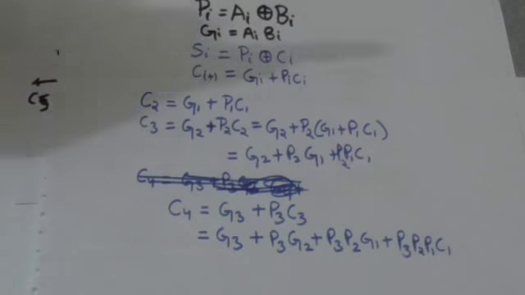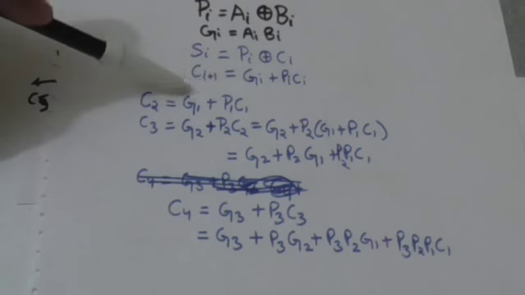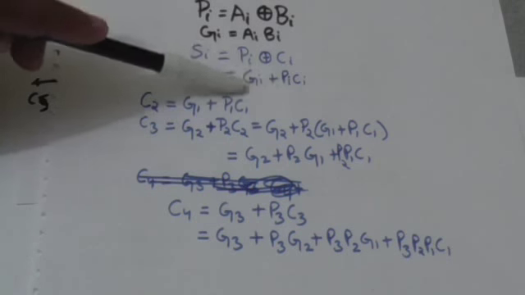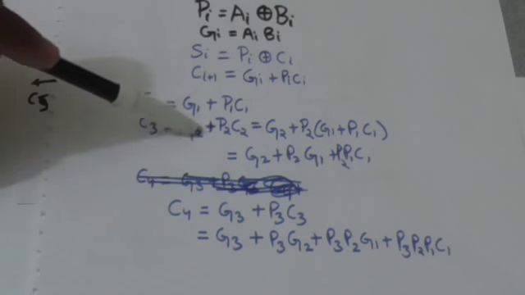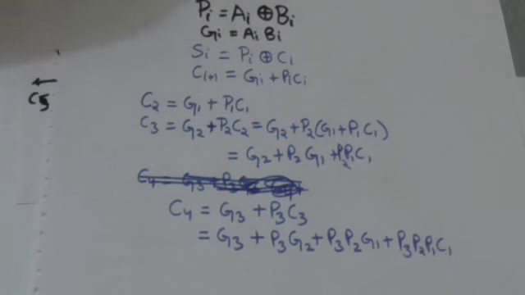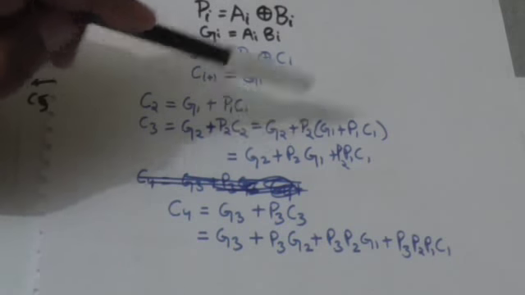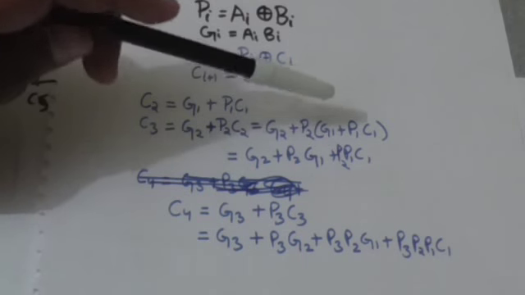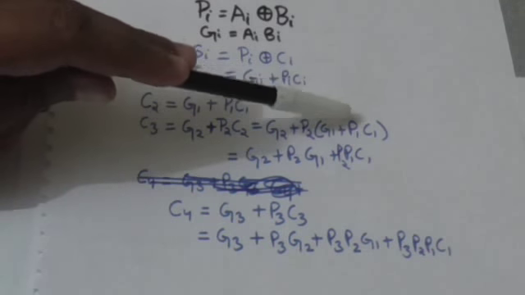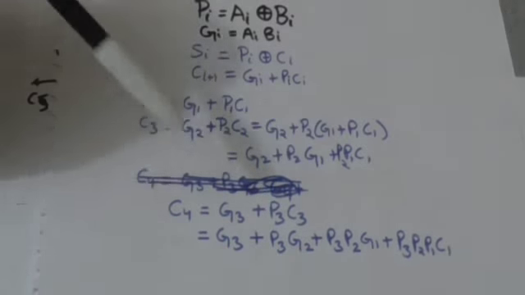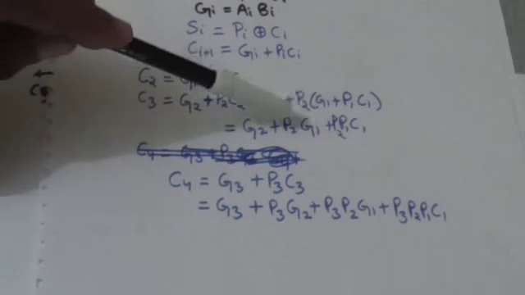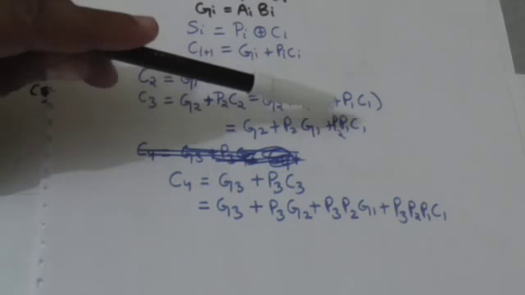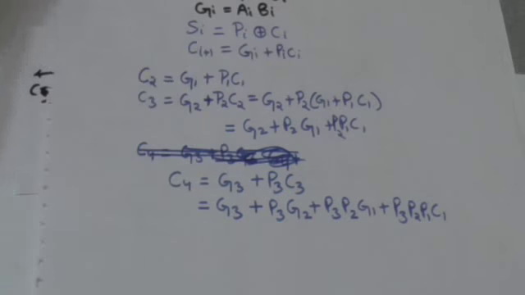Now here C2 equals G1 plus P1 C1. Now put the value of C2 in this expression. So it will become G2 plus P2 ANDed with G1 plus P1 C1. So it will be equal to G2 plus P2 G1 plus P2 P1 C1.